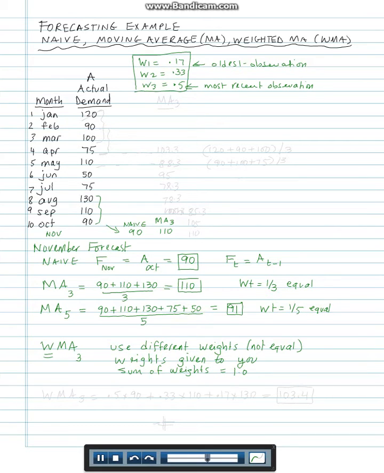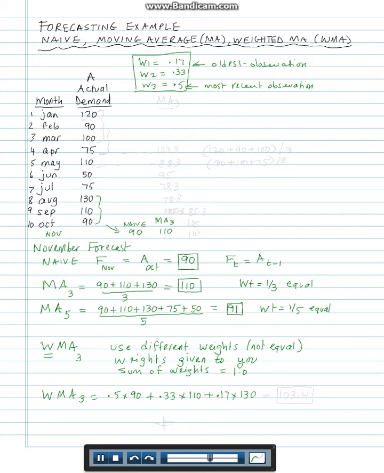The weighted moving average for period 3 is equal to the most recent observation, October, gets a weight of 0.5, so 0.5 times 90, plus the second one, September, has a weight of 0.33 times 110, plus the oldest observation, August, with a weight of 0.17 times 130.